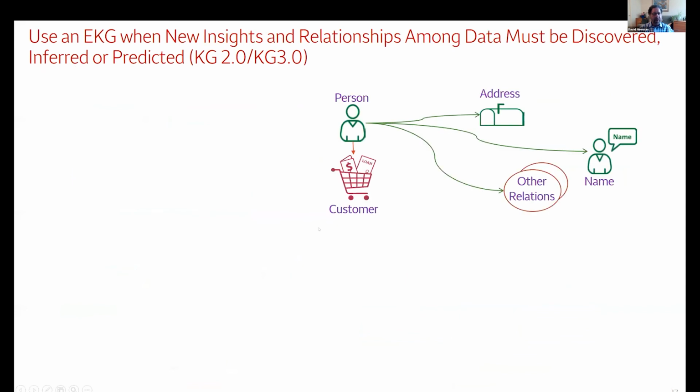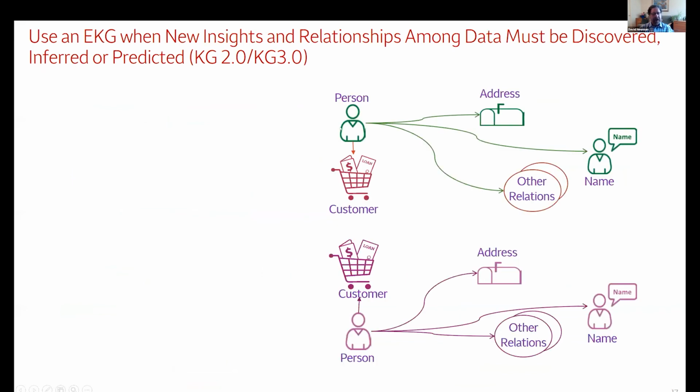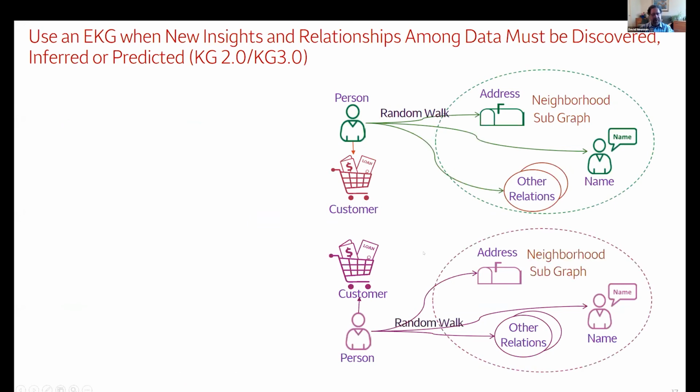Another one is when we want to discover new relationships. So here we have a customer B, person B, and they have addresses, names, and other relationships. We may ask questions about this by running what's called a random walk against the nodes in the graph.